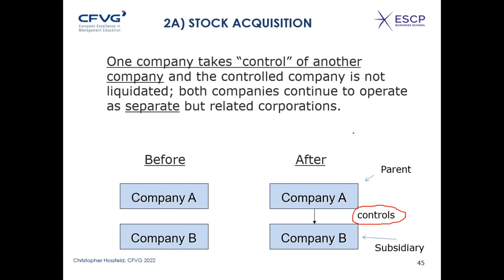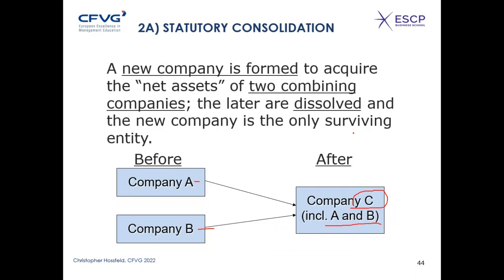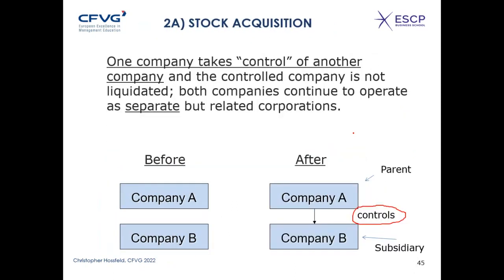After the stock acquisition, there are also two legal entities, but company B has now lost its independence because it is controlled by company A. That's the difference to a statutory merger or a statutory consolidation. In a stock acquisition, we have two legal entities before and after the deal, whereas in a statutory merger or a statutory consolidation, after the deal, we have only one legal entity. So that's the legal difference.